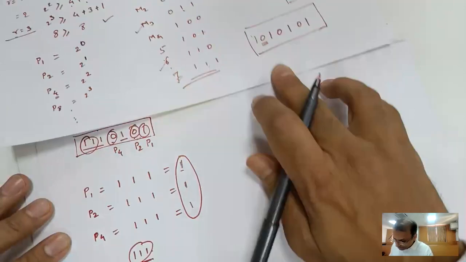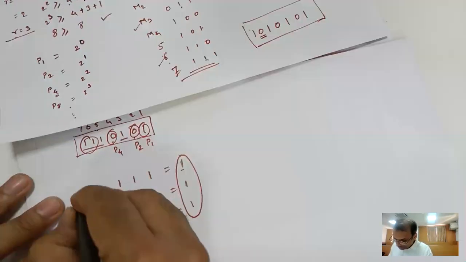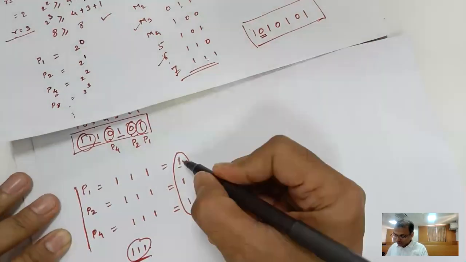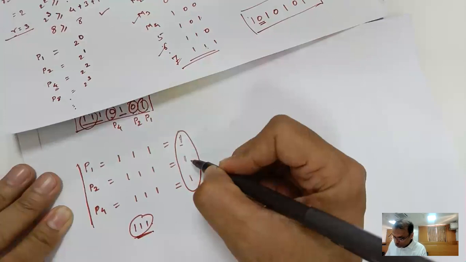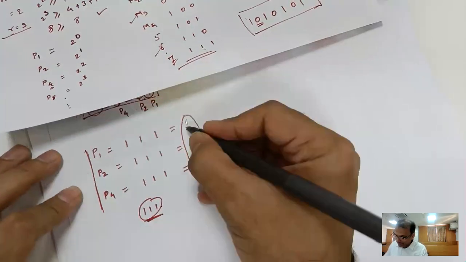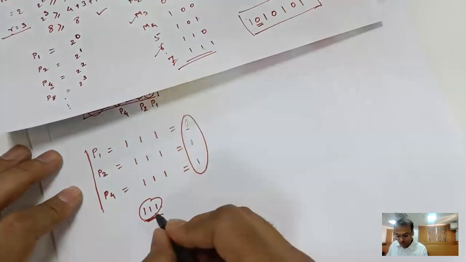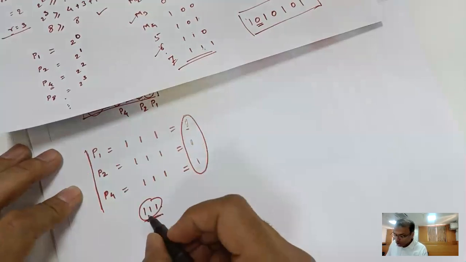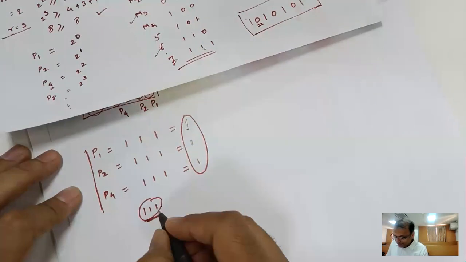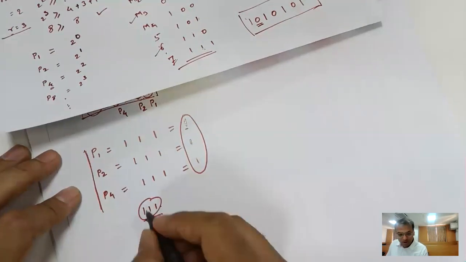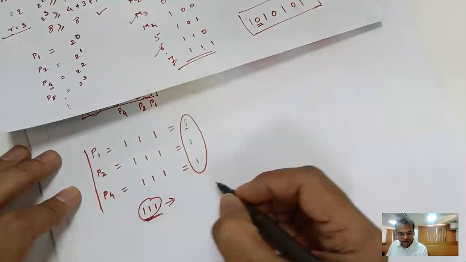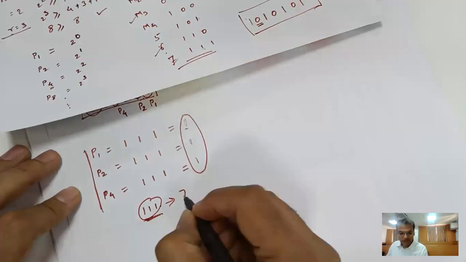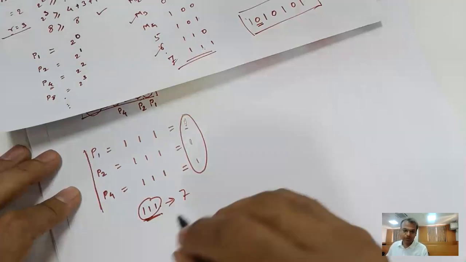See, the calculated parity P1, P2, and P4, the complete value is 1. So what you have to do is put these values as P1, P2, and P4. Okay, so that way, what is the decimal conversion of this binary? 7. So that gives you the 7th bit. There was a problem with the 7th.